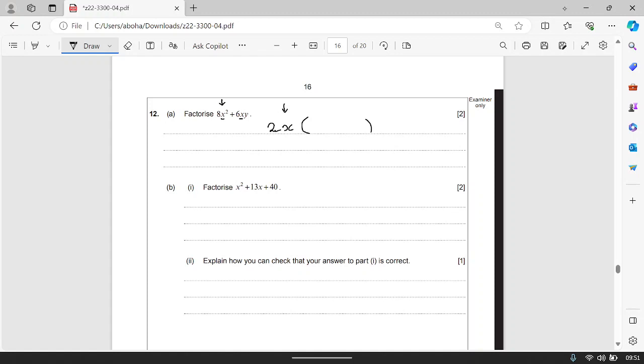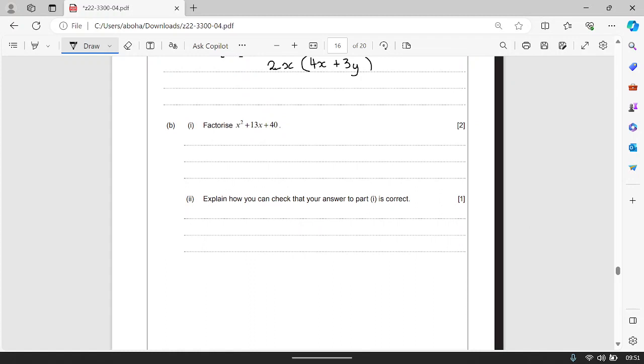Well, 2 times 4 is 8, and an x times an x is x squared. So that would be 4x in there. What do I multiply by 2x to get 6xy? Well, I multiply 3 by 2 to get 6. And then, of course, I just add on the y. And there we go.